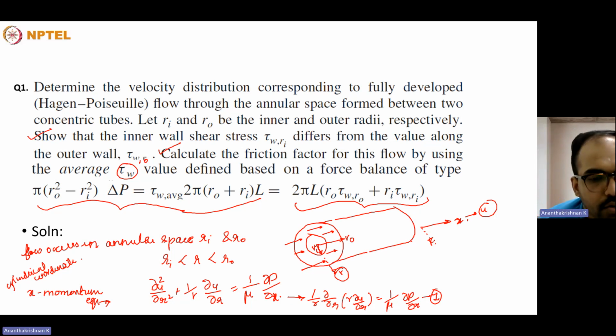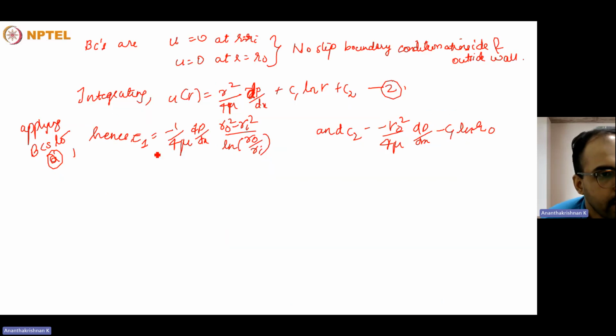So the average value of the friction factor depends upon the shear stress as well as the average velocity, the mean velocity value. So in this equation, we need to find the value of the mean velocity straight away.